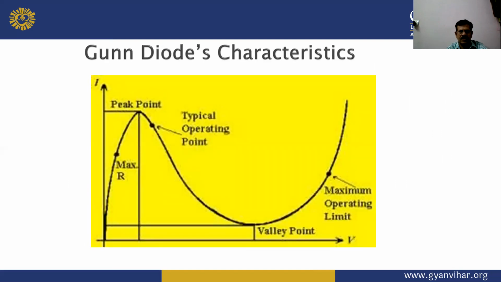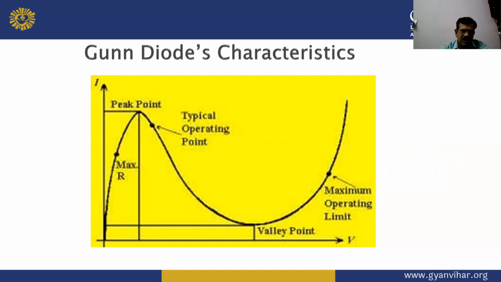These are the Gunn diode characteristics. This graph shows the current versus voltage. In this graph, initially when we increase the voltage, the current also increases up to a maximum peak value, that is the peak point, where the current is IP and the peak voltage is VP.